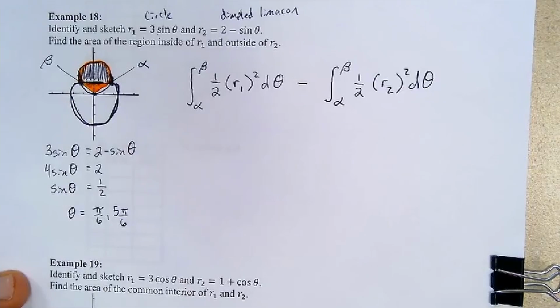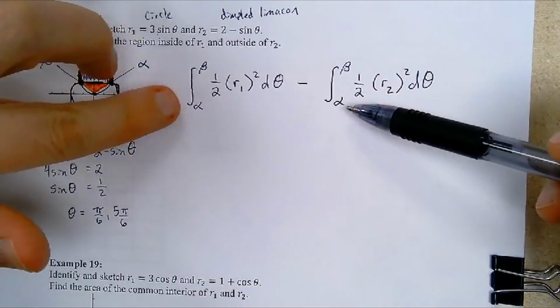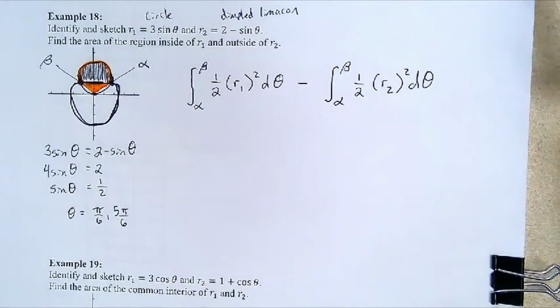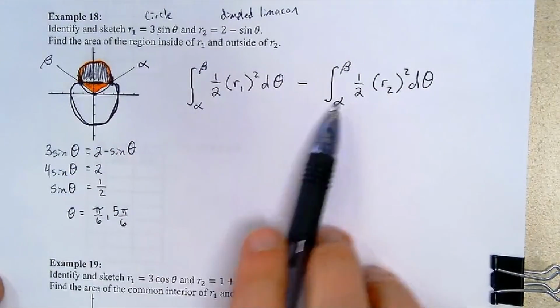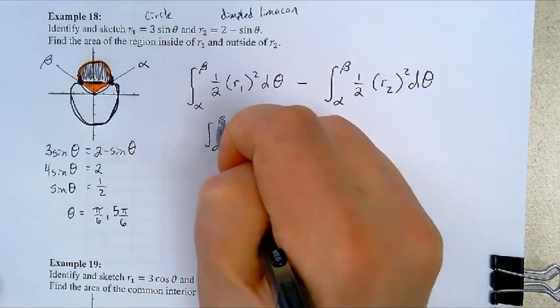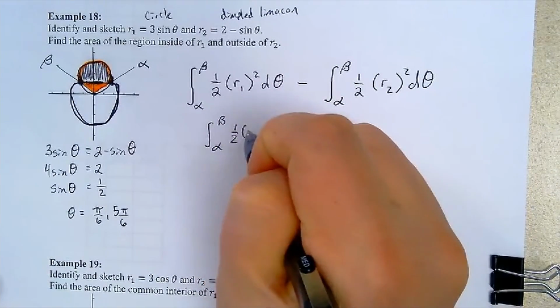You'll notice that the boundary on both of my expressions is alpha to beta. So because the boundary matches on both of those, we can collapse it to a single integral expression if we wanted to.